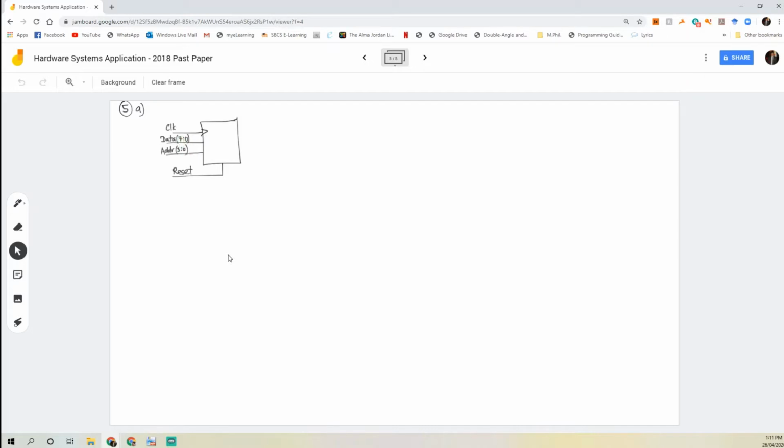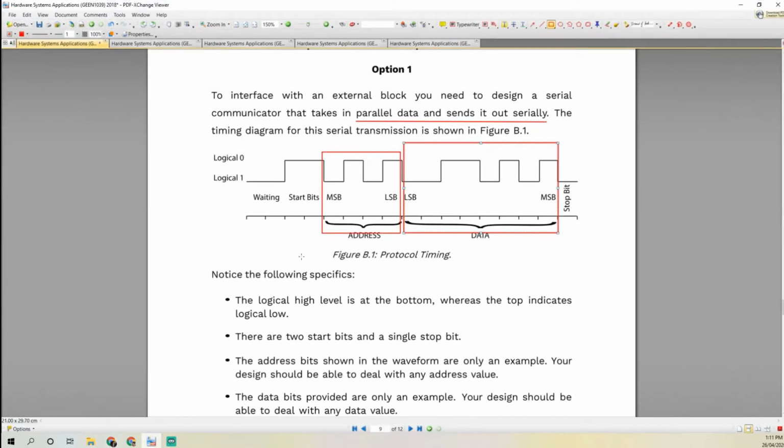All right, and the last thing that we would need as an input is a start communication bit. This is going to allow us to start the entire process of sending these bits from inputs to outputs. Now, this start communication bit is not the same as these start bits here.